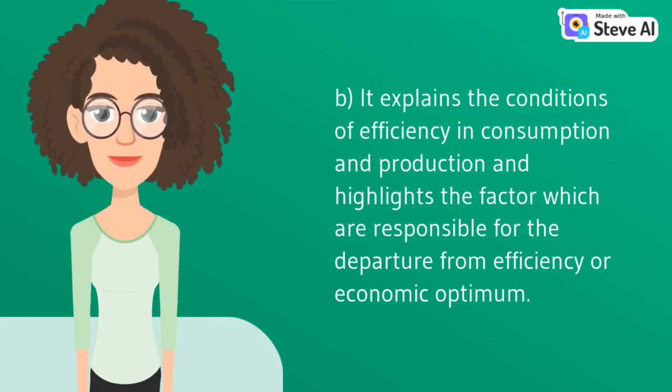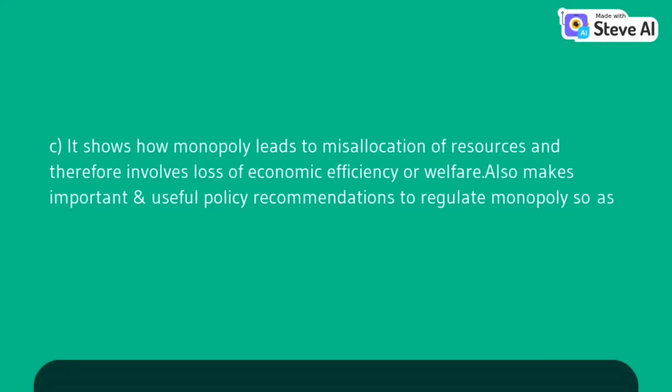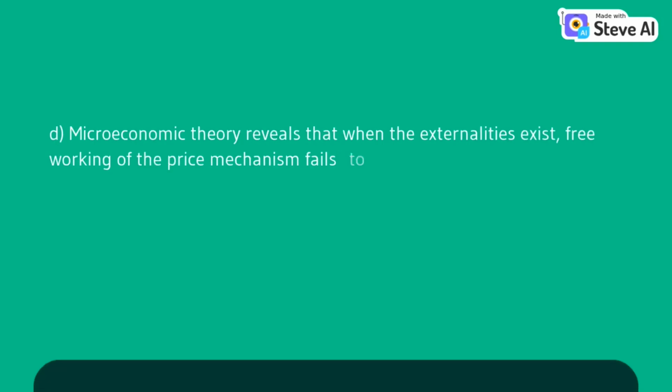C. It shows how monopoly leads to misallocation of resources and therefore involves loss of economic efficiency or welfare. It also makes important and useful policy recommendations to regulate monopoly so as to attain economic welfare to the maximum extent.